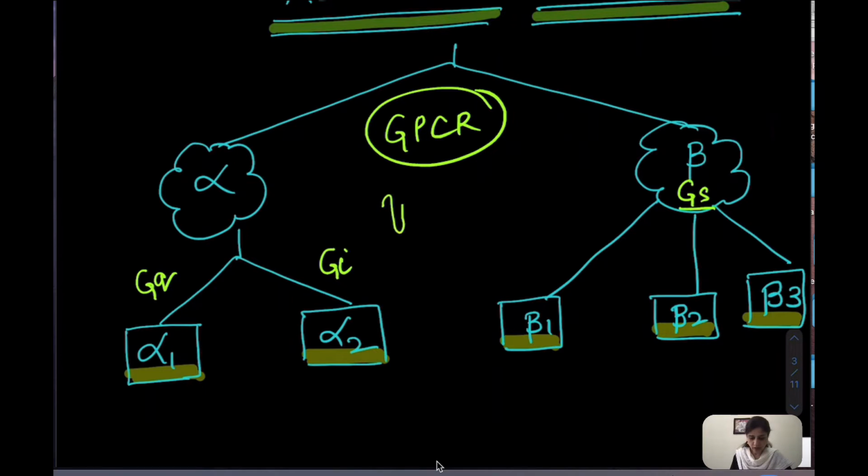This is the kind of structure these receptors have, with a G protein present with the alpha, beta and gamma subunits. So this can be Gs type, Gi type, or Gq type. Because this is different in these receptors, the proteins they further activate are also different, and that gives them different activity wherever they are present in the organs.